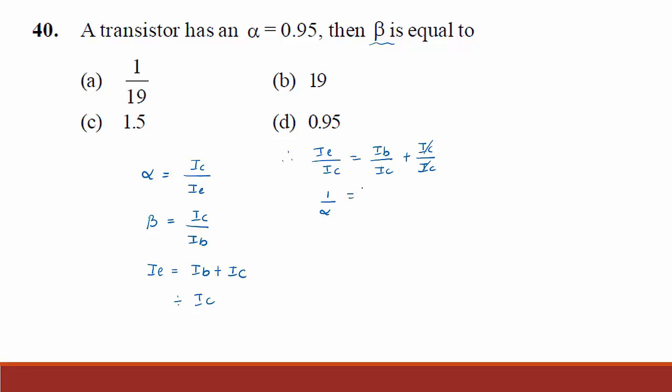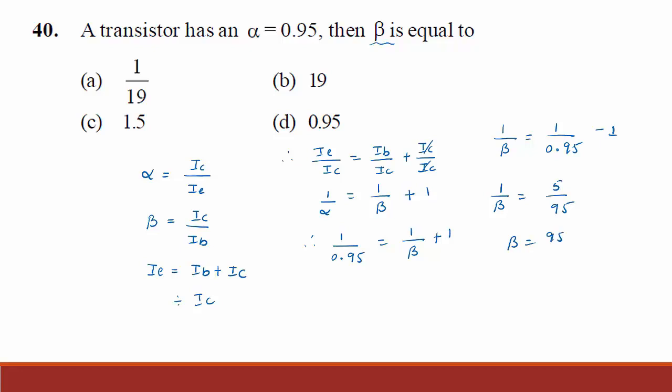IB by IC is the reciprocal of beta. 1 by alpha equal to 1 by beta plus 1. Now substitute the value. 1 divided by alpha, 0.95, is equal to 1 by beta plus 1. Or we can write 1 by beta equal to 1 divided by 0.95 minus 1. Therefore 1 by beta equal to, we will get 5 divided by 95. Therefore beta equal to 95 divided by 5. Therefore the value of beta is equal to 19.